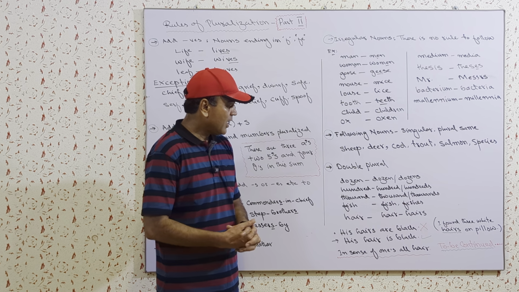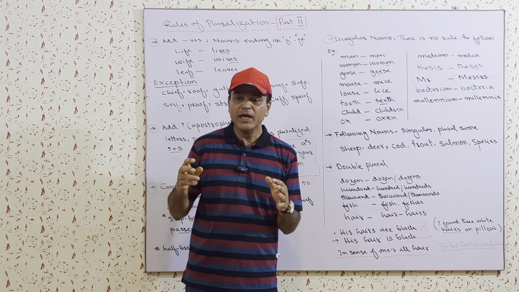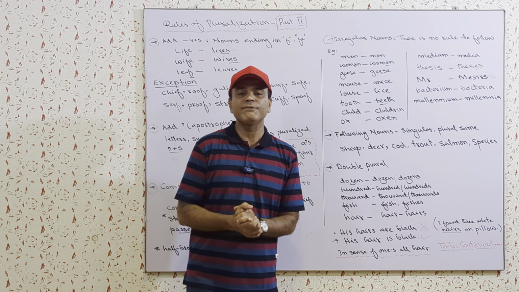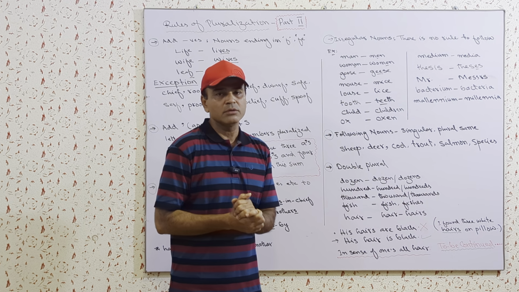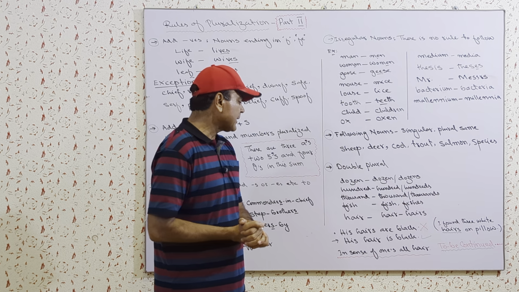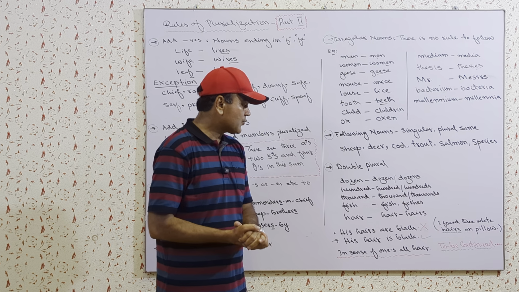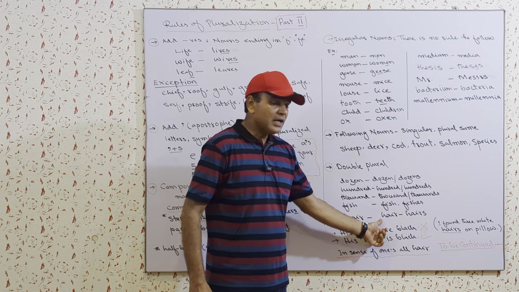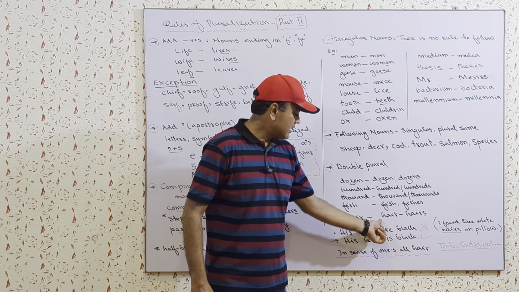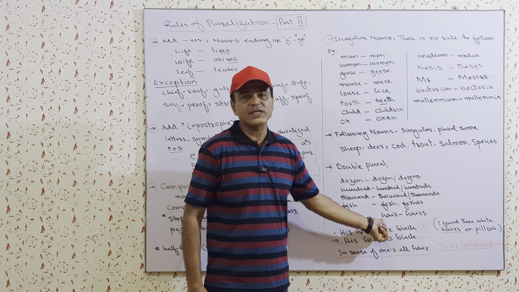Then is hair. Another common mistake I have seen, I have heard people making. What is this? That the plural of hair is hair and also hairs. If you are talking about all the hair of someone's head, then in English grammar it is uncountable, and singular and plural are the same.